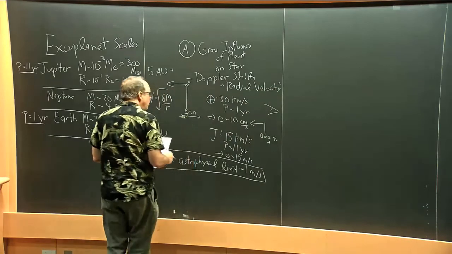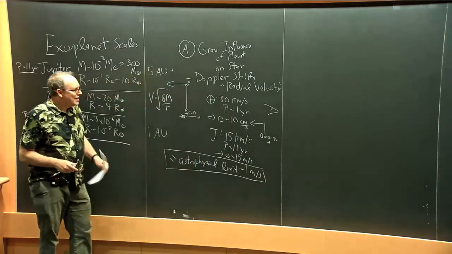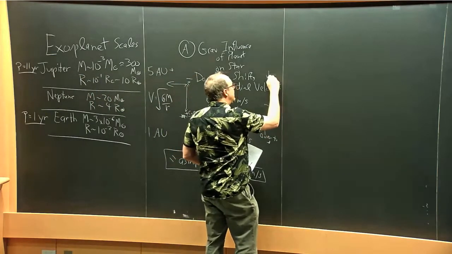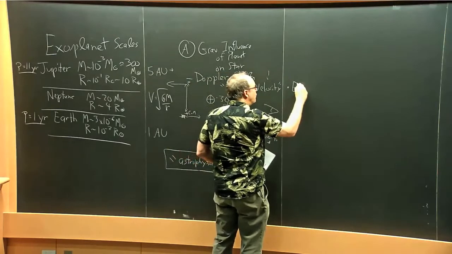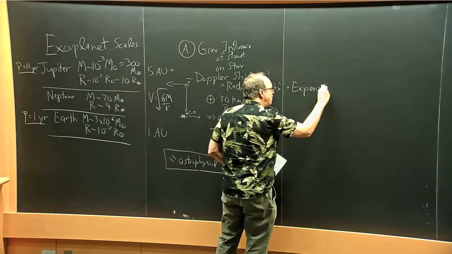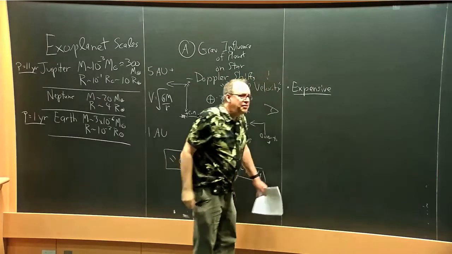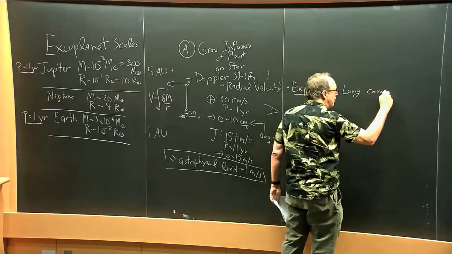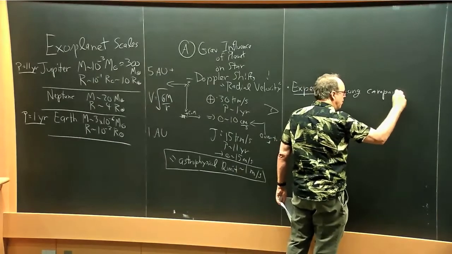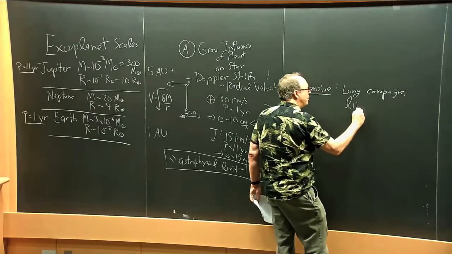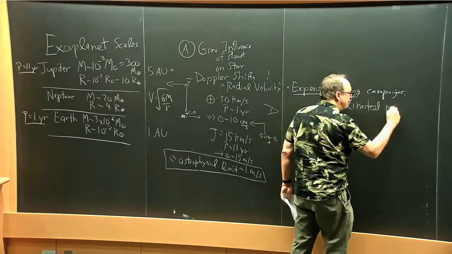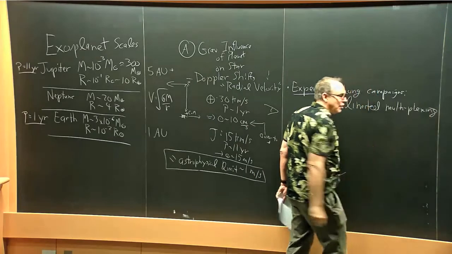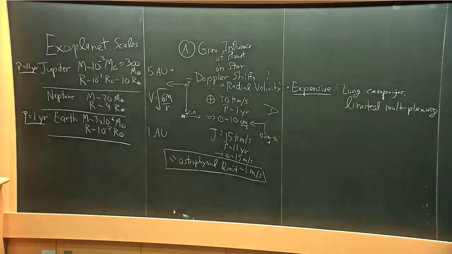Now, the other notes about this are that from a technical point of view, this radial velocity method is, I would argue, first of all, relatively expensive, okay? Expensive in the sense that you have to have long campaigns, you have relatively limited multiplexing, that is to say, largely speaking, you're doing one star at a time.